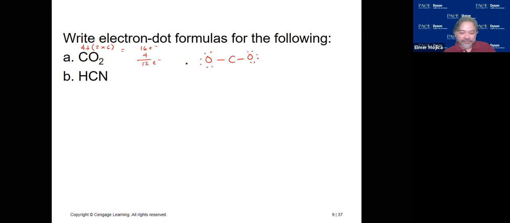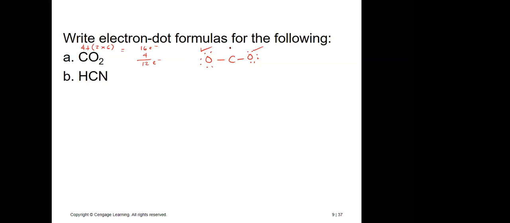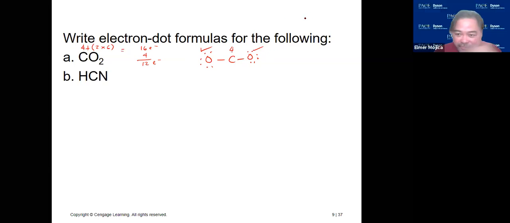So oxygen is fine for the octet. But how about carbon? How many electrons does carbon have here? 4. That means it needs 4 more.